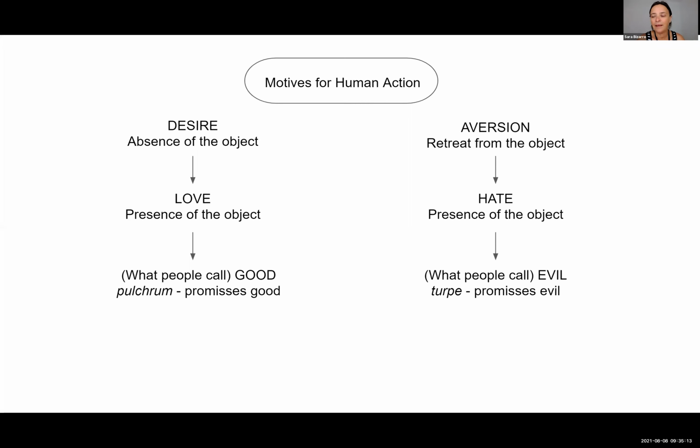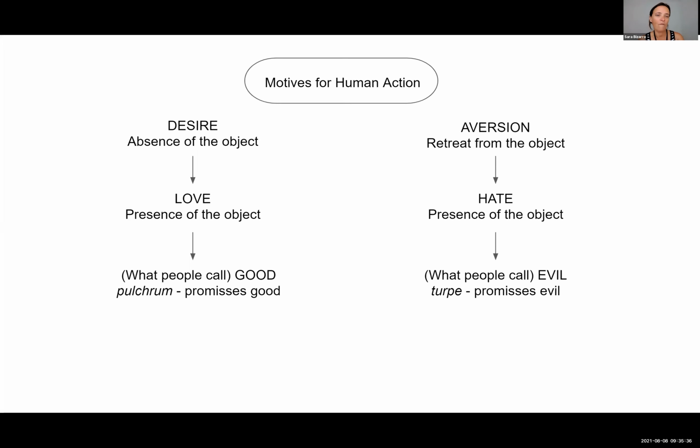So ethical decisions are going to be leading into specific actions, and he wants to look into what motivates humans to act. And his theory is that we are quite simple. We are motivated to act by desire or aversion.